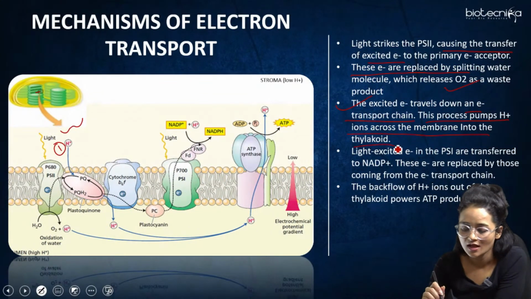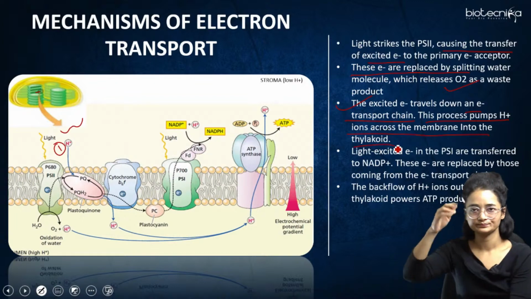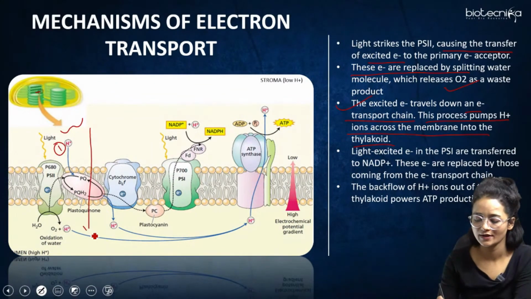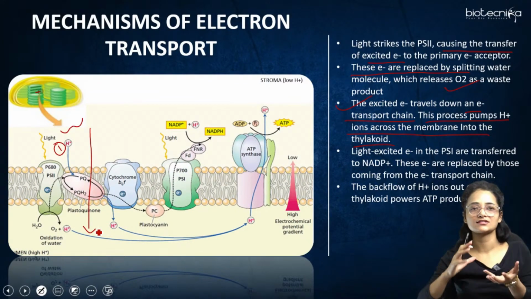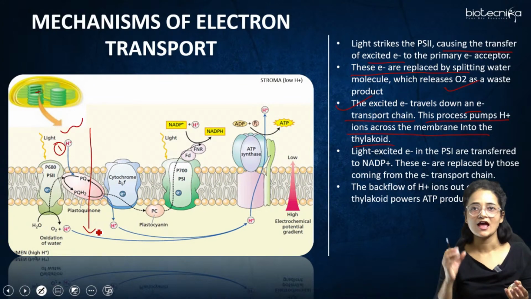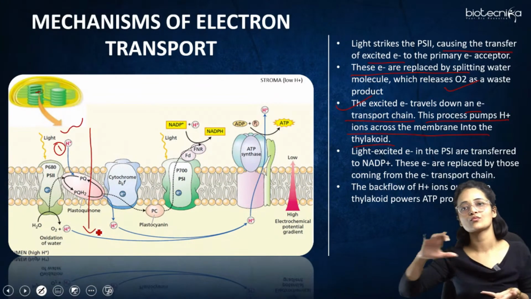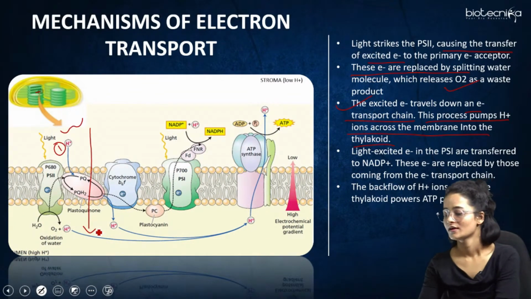So when the electron transport takes place, the H+ ions cross the membrane from the stroma to the lumen. Inside the lumen, the concentration of H+ ions would be high, and outside, in the stromal region, the concentration would be low, right? So it happens along with the electron transport.